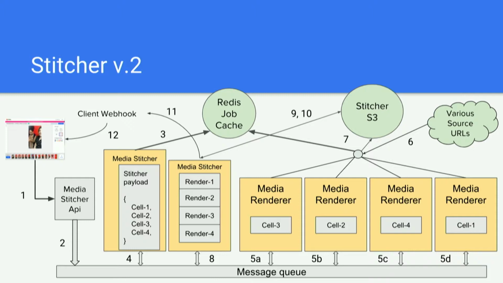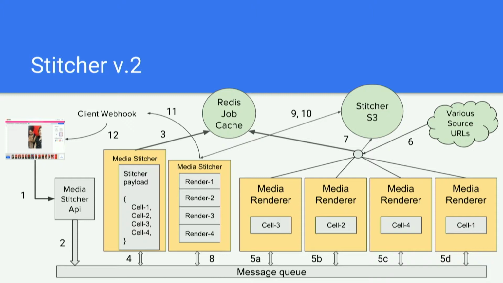Each of those services is pulling down media, different videos that are already on the S3 bucket, and also writing their intermediate results to another S3 bucket at number 7 there. At the point where each renderer finishes, it goes back to the job cache and just makes a note that it completed its rendering job.